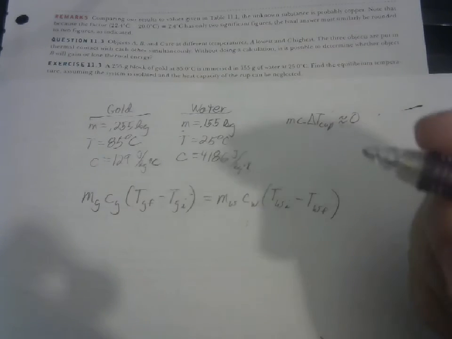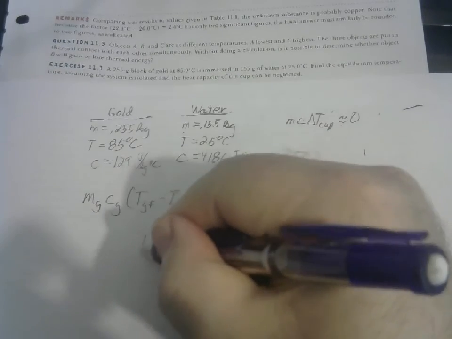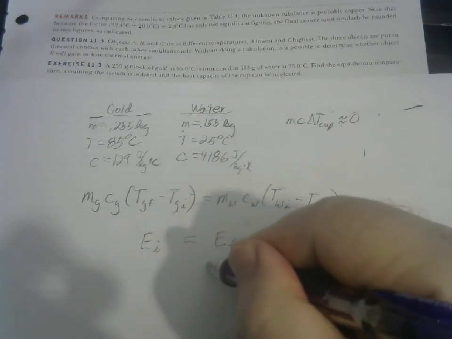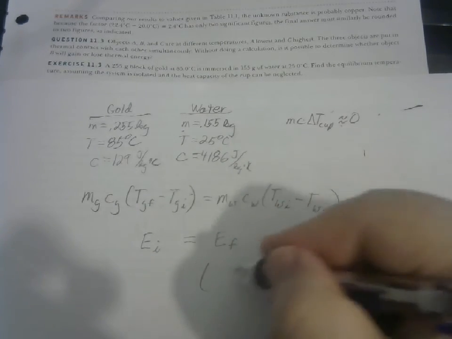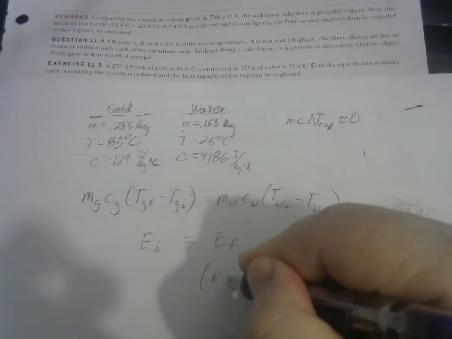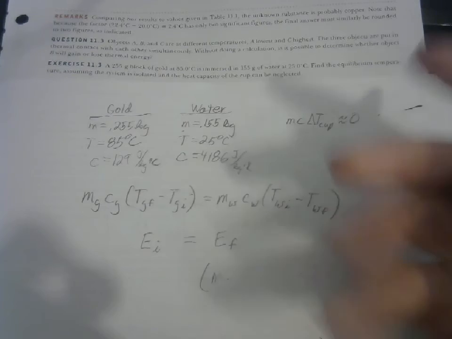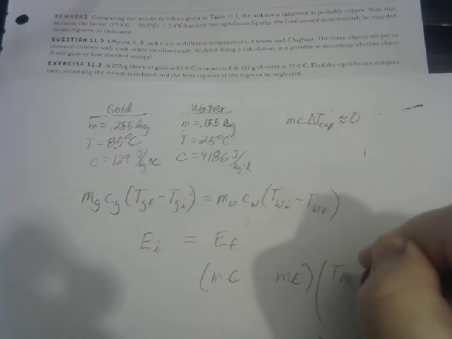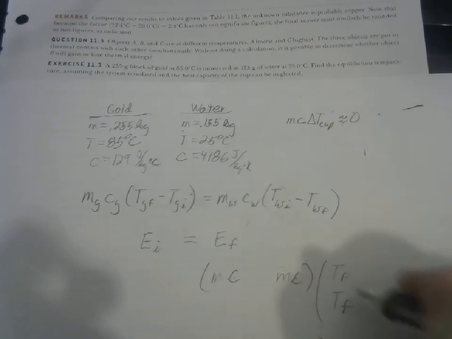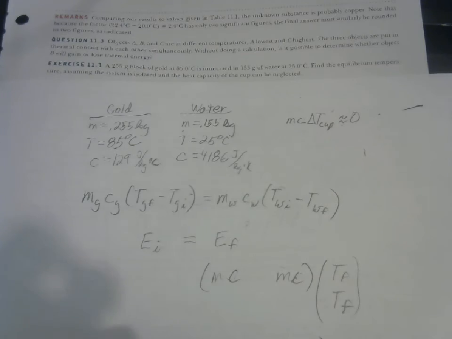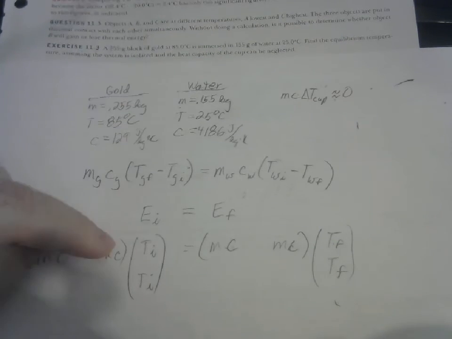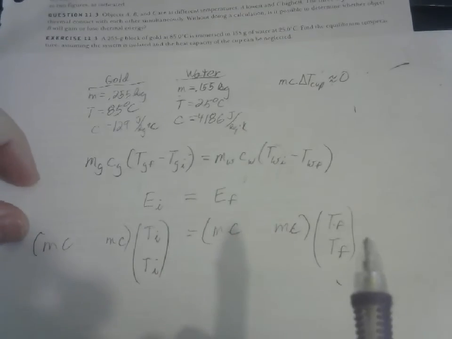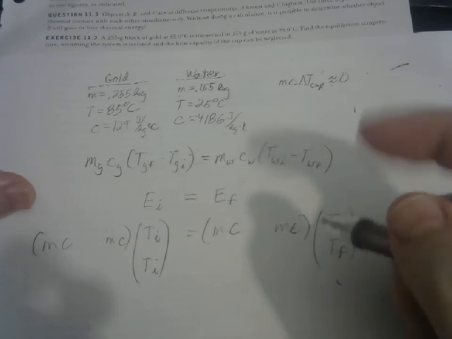And I'm seeing that this actually still is more easily approachable with E initial equals E final, because we could find the final energy with MC T final equals the MC of gold, MC of water times T initial of gold, T initial of water. Let's do it this way because I think this is going to come out nicer.